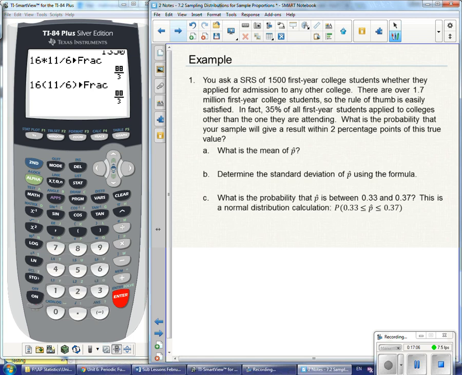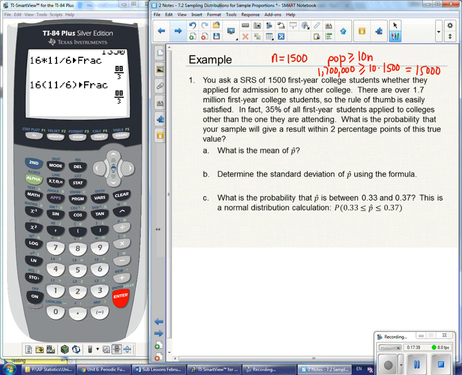In number 1, it says you ask a simple random sample of 1,500 first-year college students whether they applied for admission to any other college. Well, there are over 1.7 million first-year college students, so the rule of thumb is easily satisfied. So in this case, my n value is 1,500. And if I check the population to make sure it's greater than or equal to 10 times n, well, 1.7 million, and 10 times my sample size is just going to be 15,000.